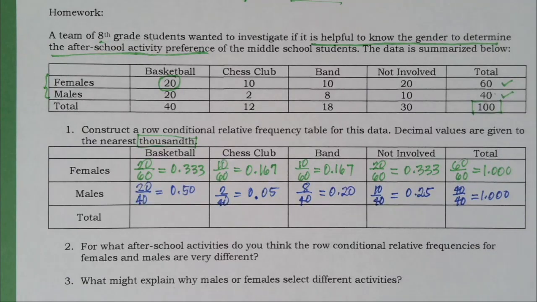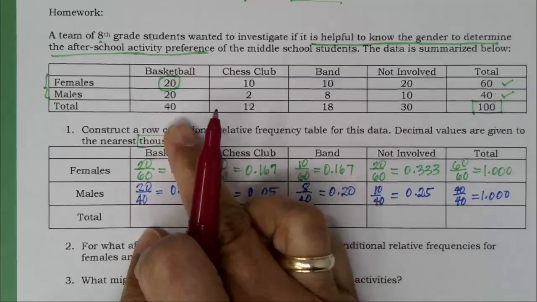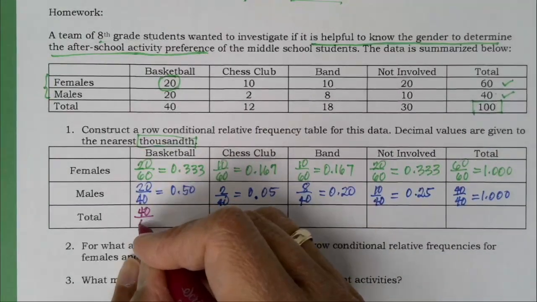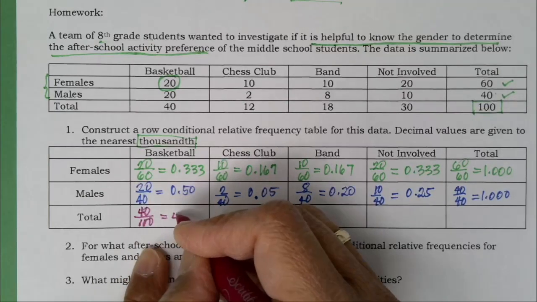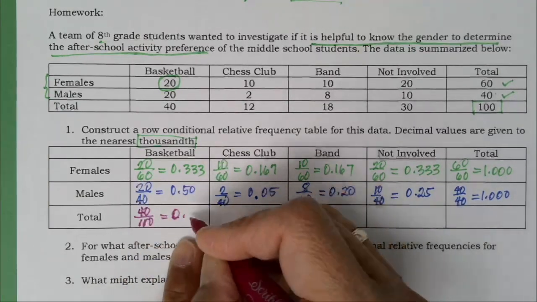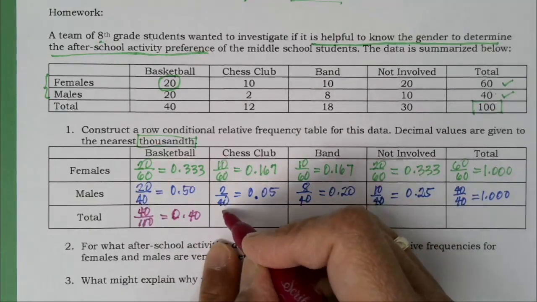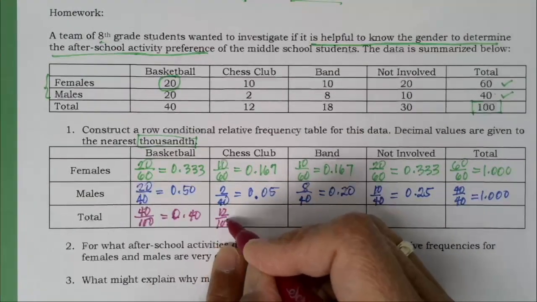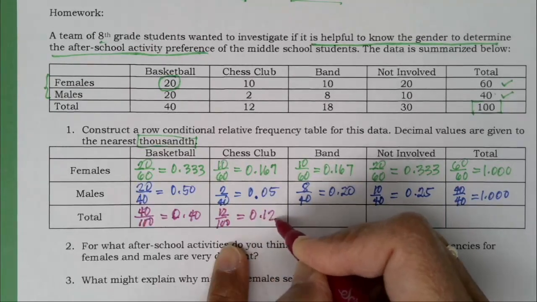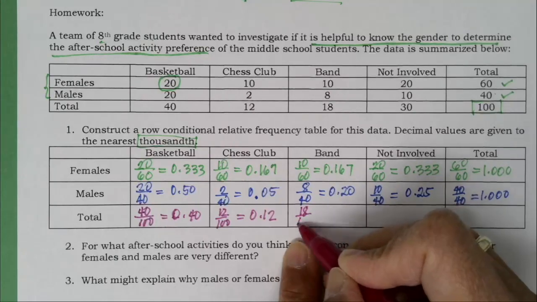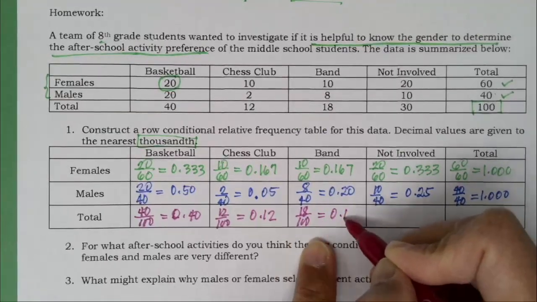All right. Now, let's take a look at the totals. So that means we have 40 out of 100. So all in all, 40 out of 100, or 40% of the students chose to play basketball after school. For chess club, that's 12 out of 100, so that means 12% of the students want to join the chess club. For band, you have 18 out of 100, that's 18%.